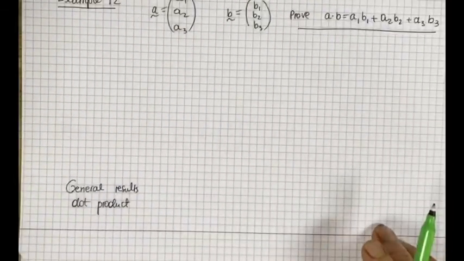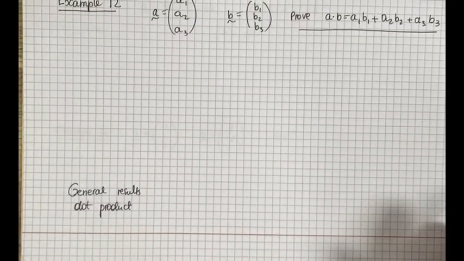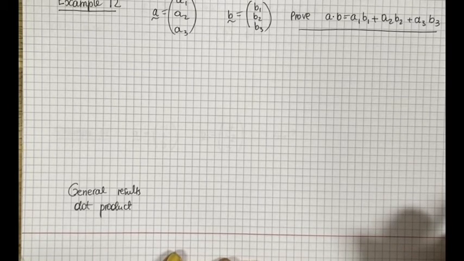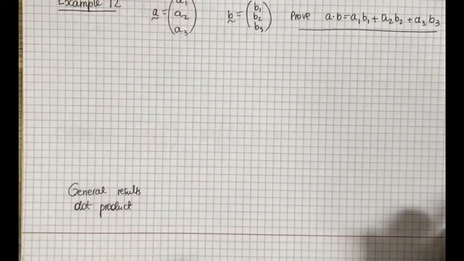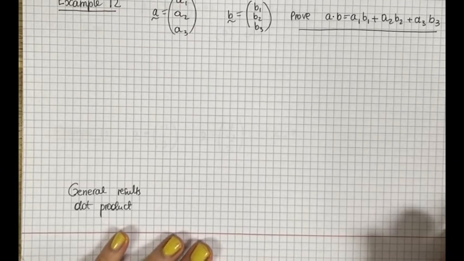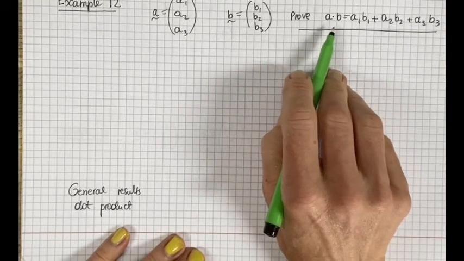Okay, we've got example 12. In this example, we are going to look at a general result which will let you work out the dot product a lot quicker than the previous examples showed. What we're going to do is the multiplying.